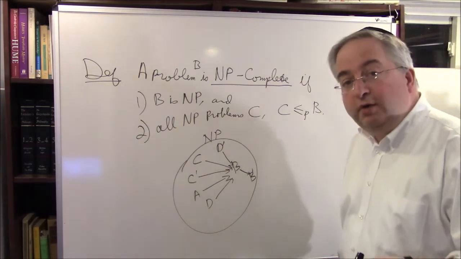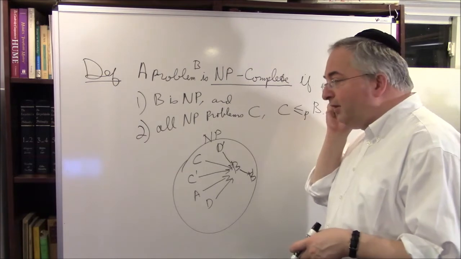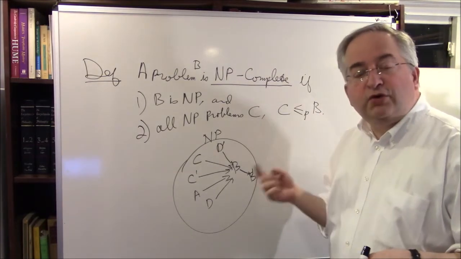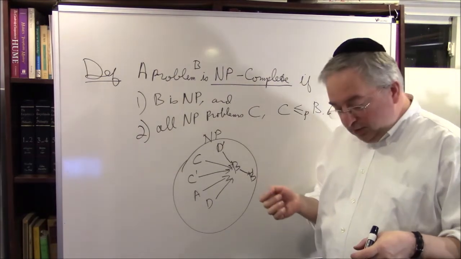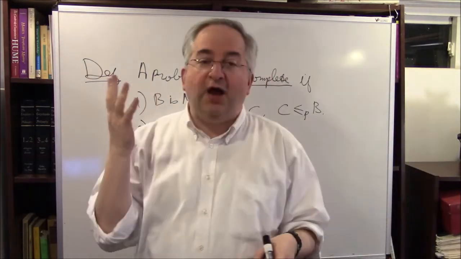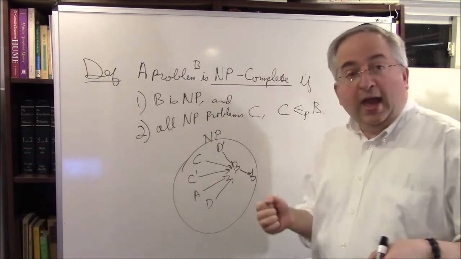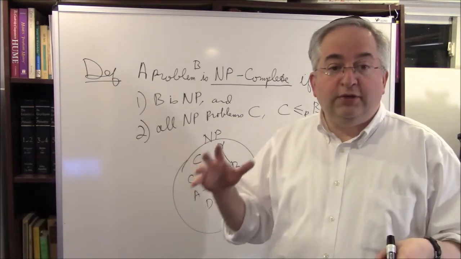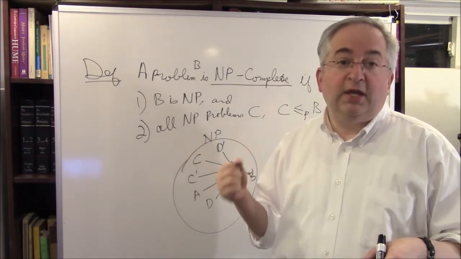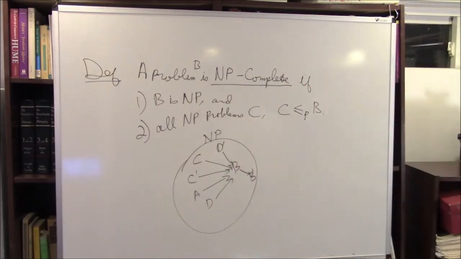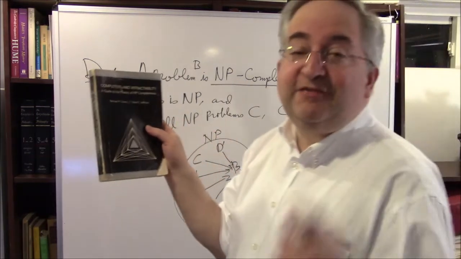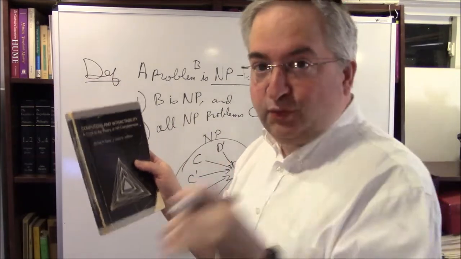Now, the hard part is, how are you going to find the first NP-complete problem? Because I told you about 5 NP problems. How are you going to show other things can change into that problem? Now, just 1 second. This is a book from 1979, 41 years old.